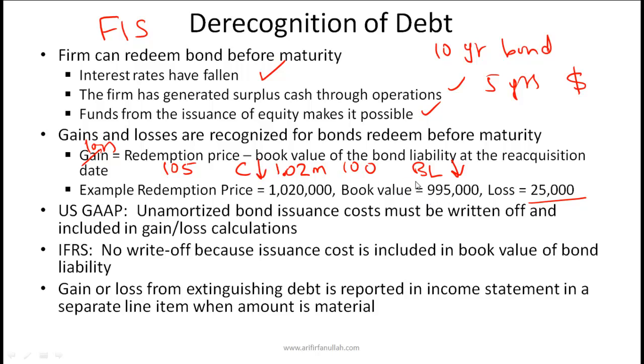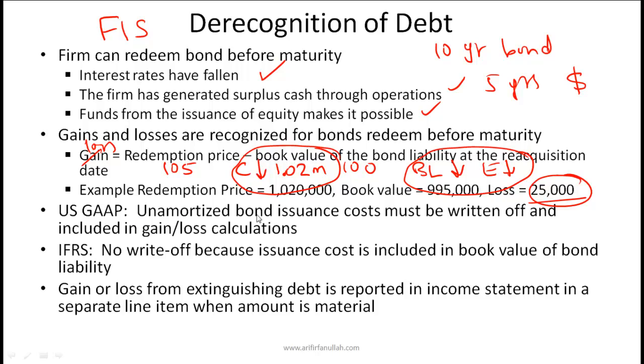So these two don't balance, and essentially then your equity is going down by 25,000. So a loss of 25,000 means your equity is going down. So that makes the decrease in assets equal to the decrease in liability and equity.